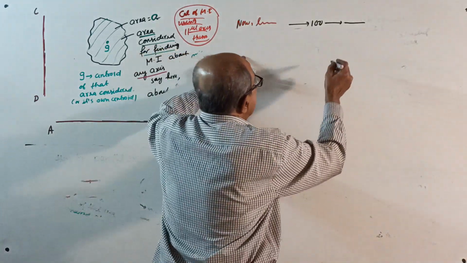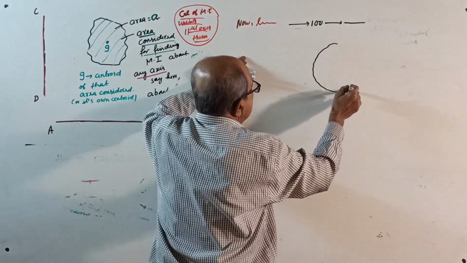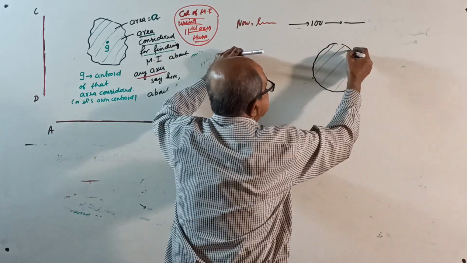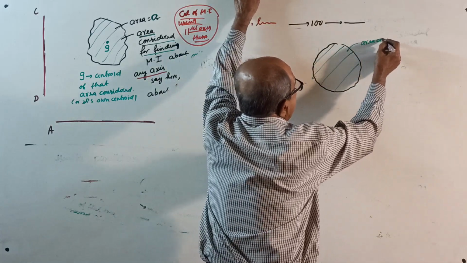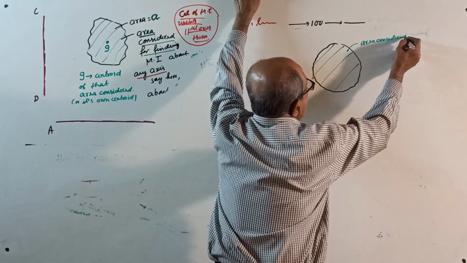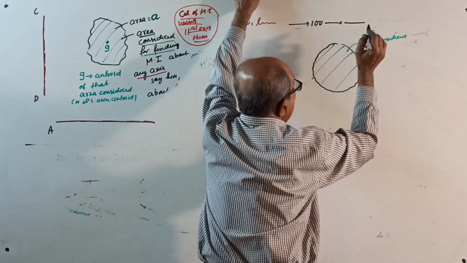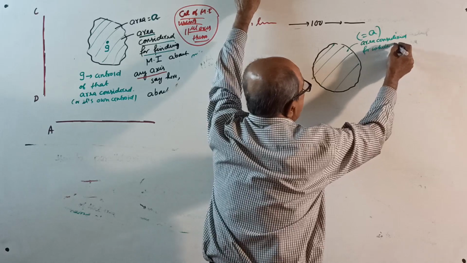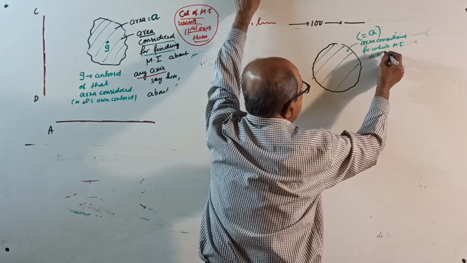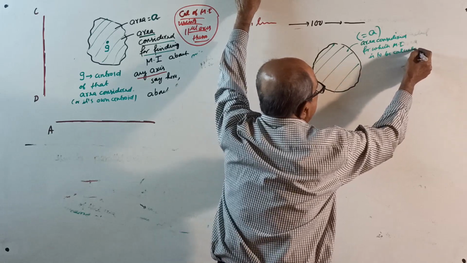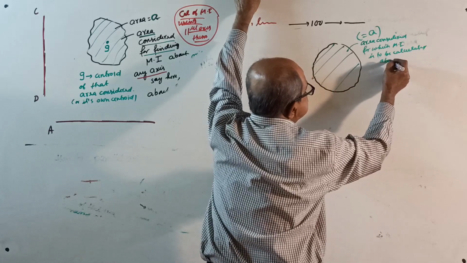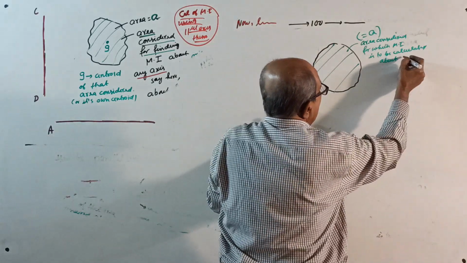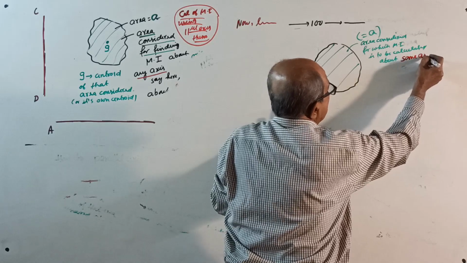See, suppose this is the area considered. I will put green color here. This is the area considered, equal to A, area equal to A, for which moment of inertia is to be calculated about some axis, anywhere, anything.